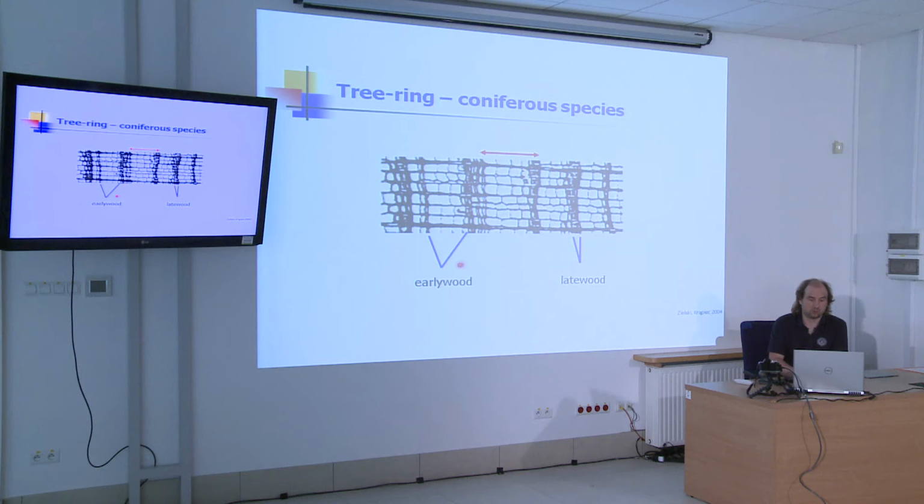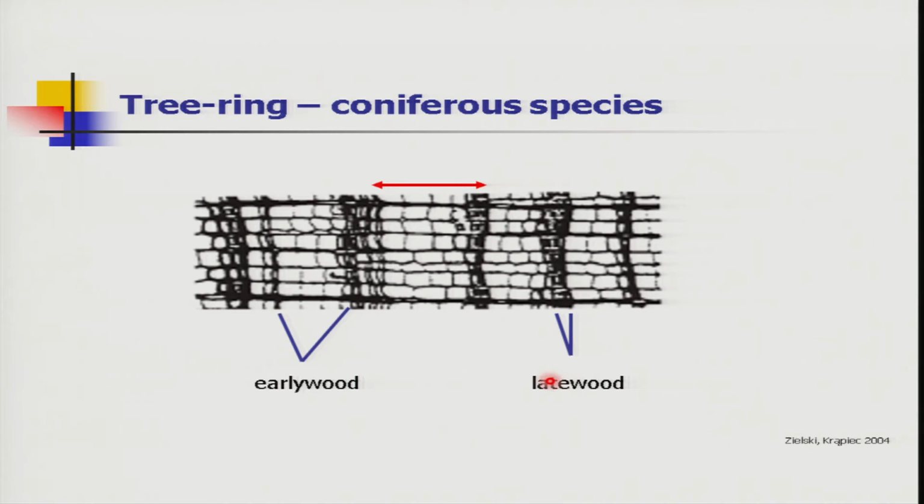When we add these two types of wood, early wood and late wood, we come up with the whole tree ring. So one year, one vegetation period of growth, starts here at the edge. The early wood is produced at first, then the late wood with thicker cell walls at the end of the vegetation period.